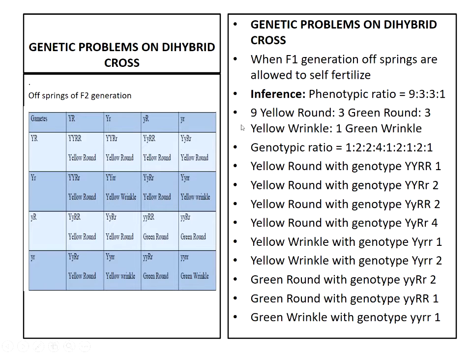And by this we come to the conclusion that the phenotypic ratio will be 9:3:3:1. In a dihybrid cross we get the phenotypic ratio as 9:3:3:1, and 9 are yellow round.